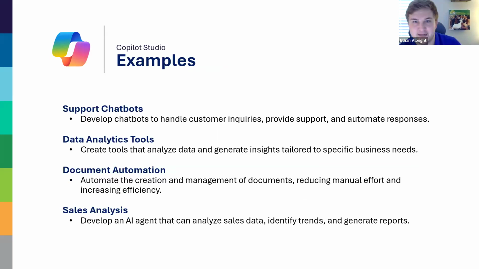So some quick examples as to where this can become valuable is support chatbots. Kind of that first line of defense in front of a help desk to link users to knowledge base articles or training material, and do so in a conversational format. Data analytics tools, you can give it specific sources of data, specific things to prioritize, or specific ways to look at data. I'm sure we all have custom acronyms that Copilot or AI is not going to understand without giving it that instruction or defining it for it.